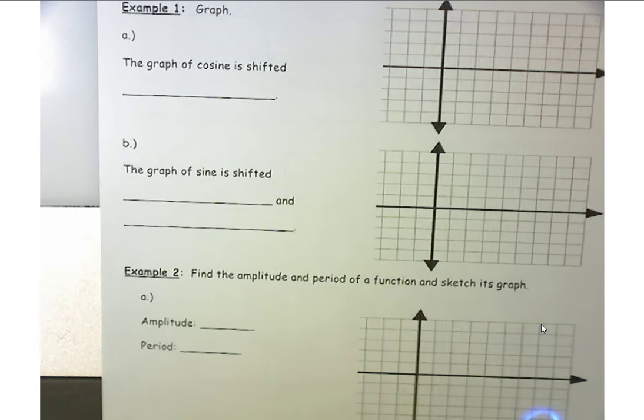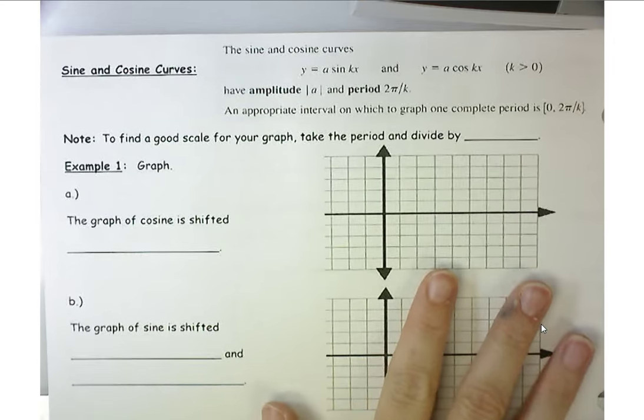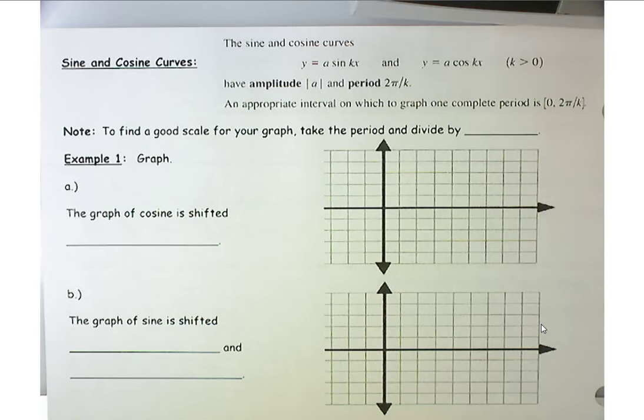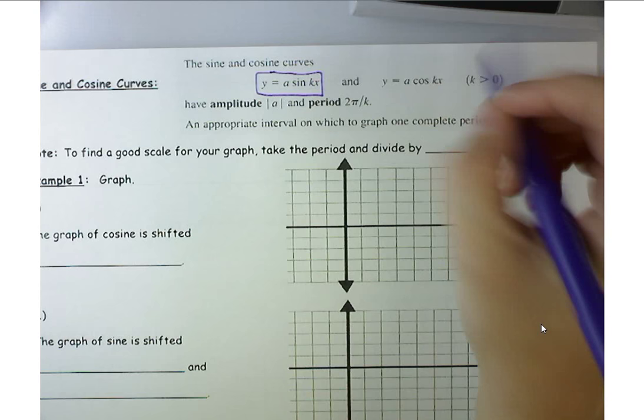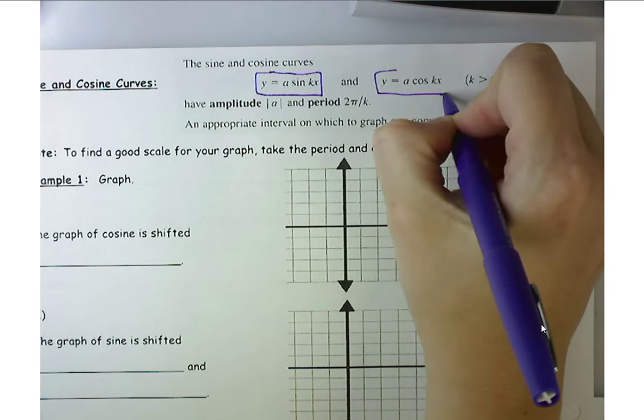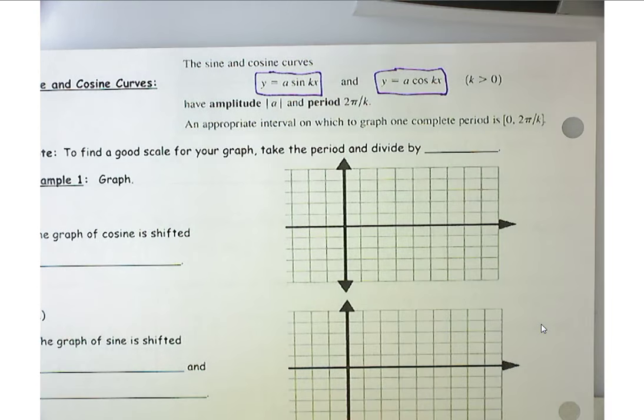So the first thing we're going to talk about before I give you the problems is the sine and the cosine curves. And you have two equations for those. The first one is y equals a sine of kx. The second one is y equals a cosine of kx. And then it tells us that the amplitude is the absolute value of a.